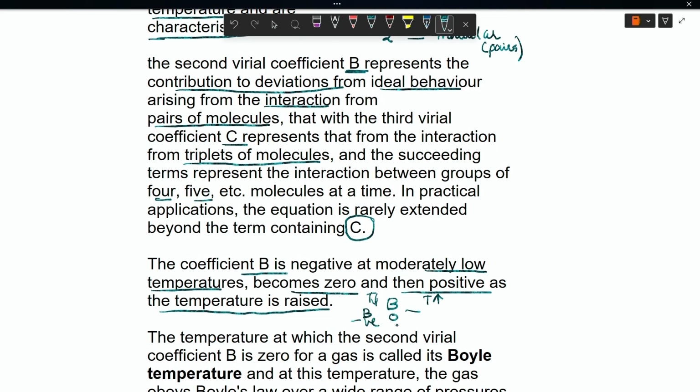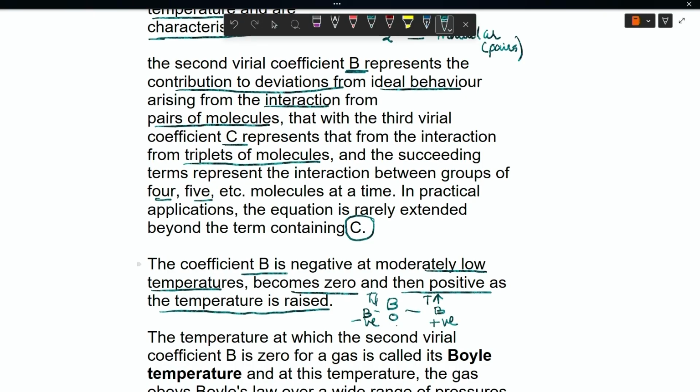As temperature increases, B becomes 0, and then B becomes positive. So, it changes from negative through 0 to positive values as the temperature is increased.